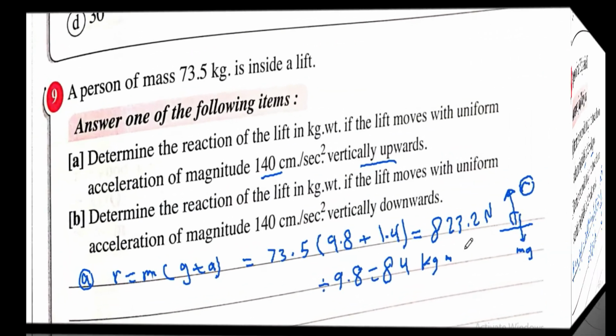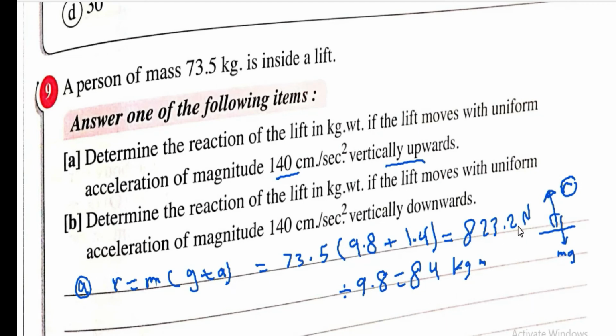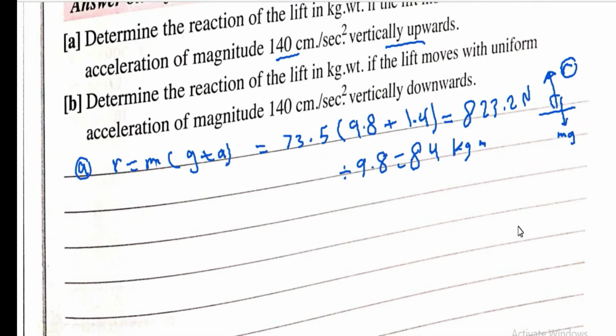Part B. Determine the reaction of the lift in kilogram weight if the lift moves with uniform acceleration 140 vertically downwards. In the case of vertically downwards, R equals M multiplied by G minus A, 73.5 multiplied by 9.8 minus 1.4.